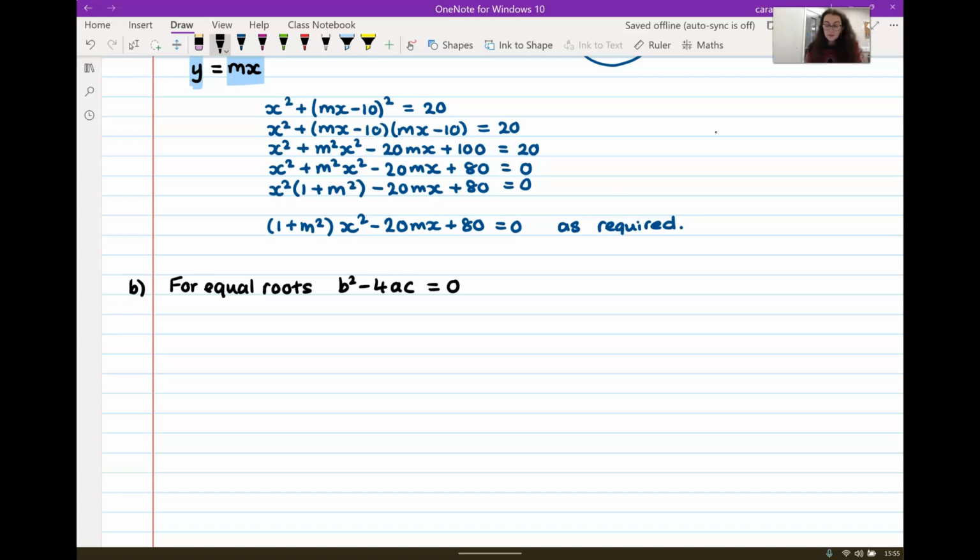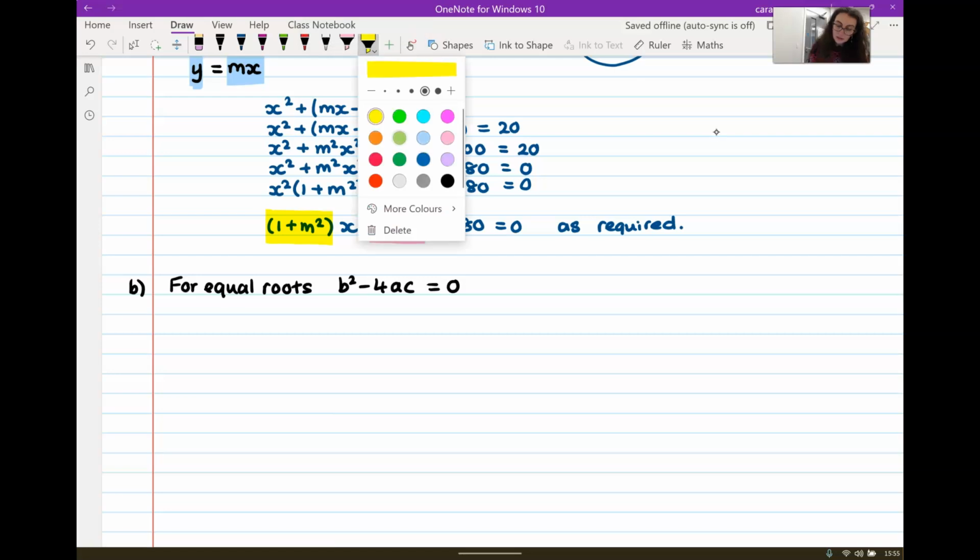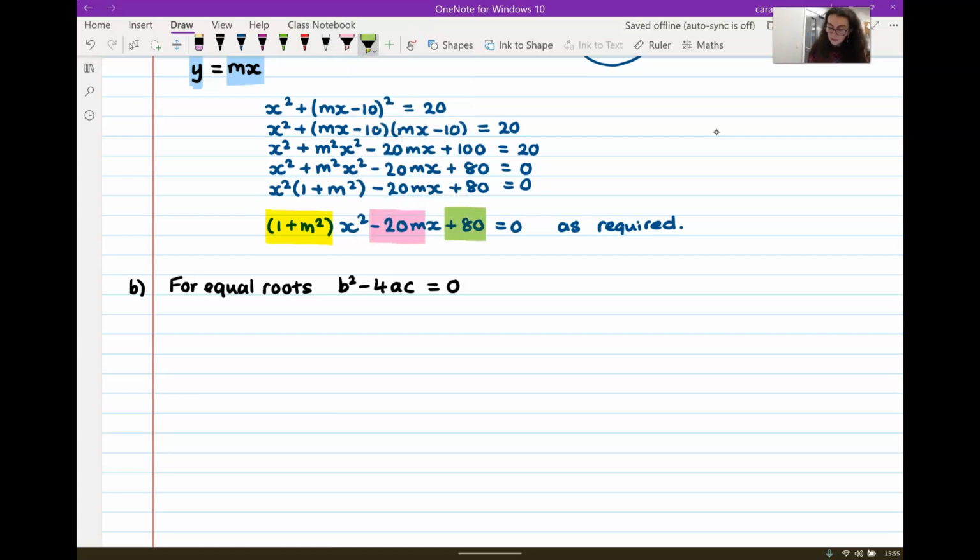b² − 4ac is going to be equal to 0. For the equation that I've got, I'm going to be very careful to highlight the values of a and b and c, because it's very easy sometimes to not read correctly the coefficients. So I'm just going to write down the fact that a is equal to 1 + m², b is equal to −20m, and c is equal to 80.